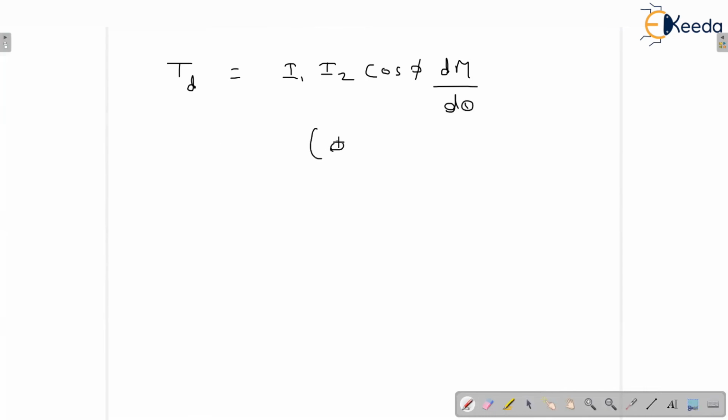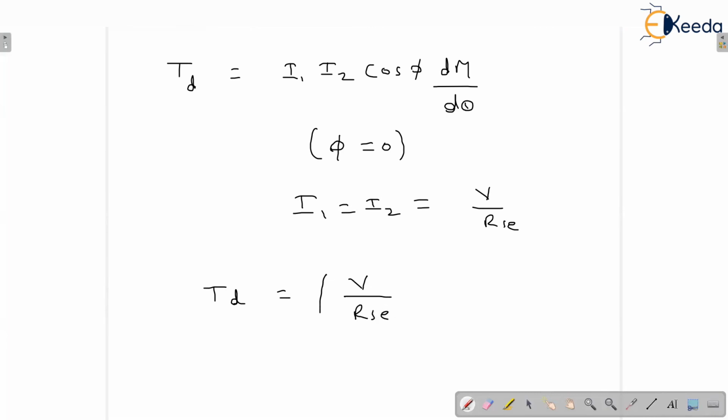Since phi equal to 0 and I1 is equal to I2 is equal to V by RSC from the diagram, TD is equal to V by RSC whole square dm by d theta.